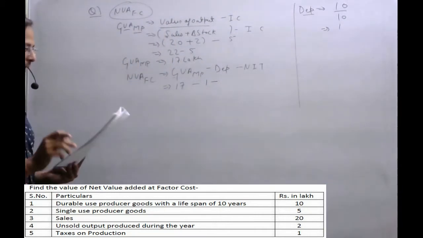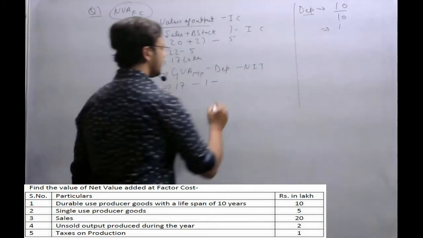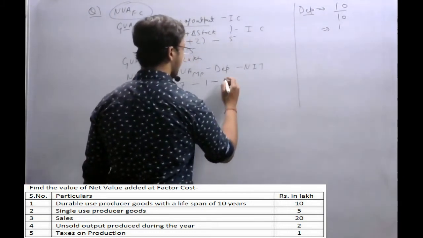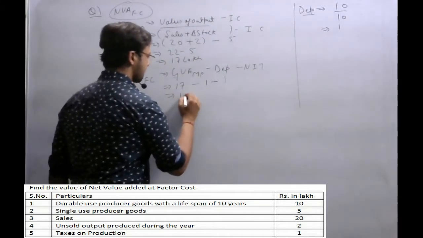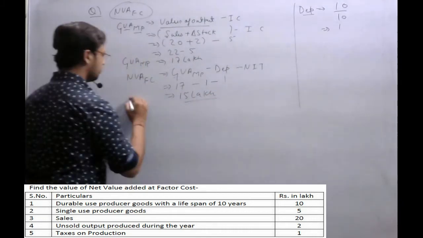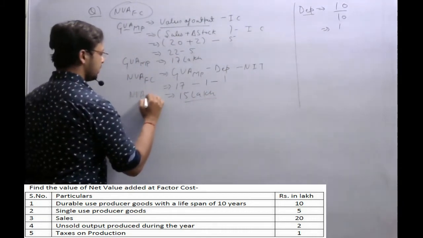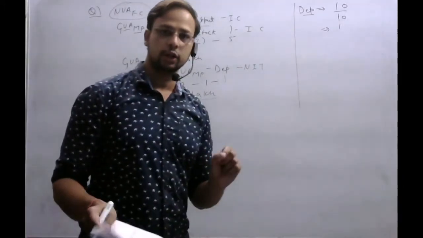The value of NIT is taxes on production, given as 1, so net indirect taxes will be 1 only. When we solve it, we get 15. So 15 lakh is your answer, and it is the value of NVA at FC. I hope question number 1 is clear to you.